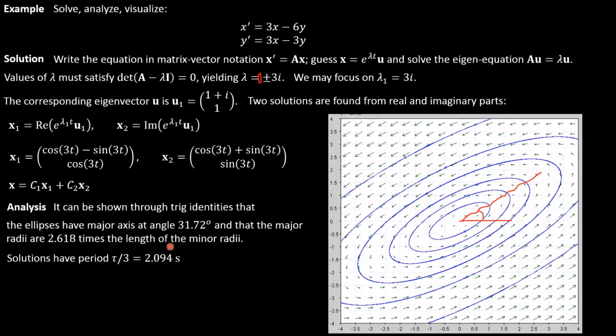But nonetheless, I eventually was able to figure this out using some trig identities. And I also found, using those same trig identities, that the radii are 2.618 times longer along these directions as along these directions. And again, I also could have done that faster with a ruler.